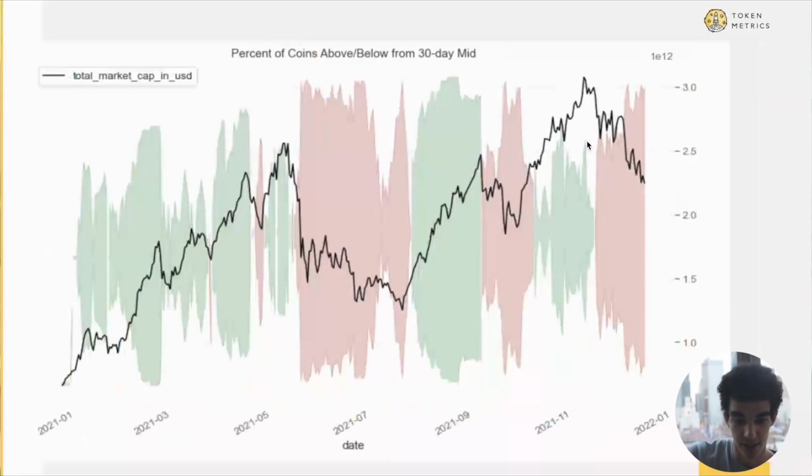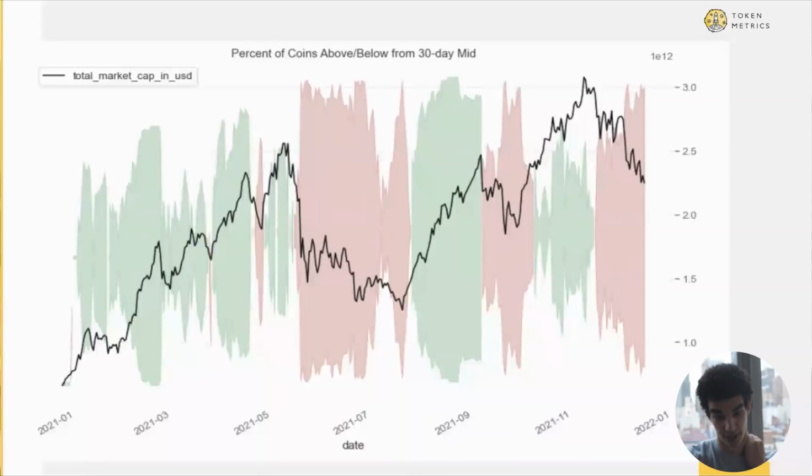Now, similar, but instead of just breakouts, I'm looking at the percent of coins that are below or above the midpoint between the resistance and support. Here over the top 100, and you can also construct it in cloud phases to see the market condition in a much better way.